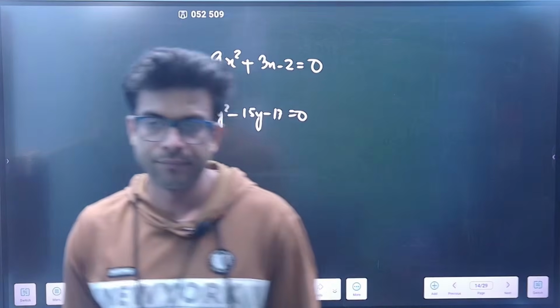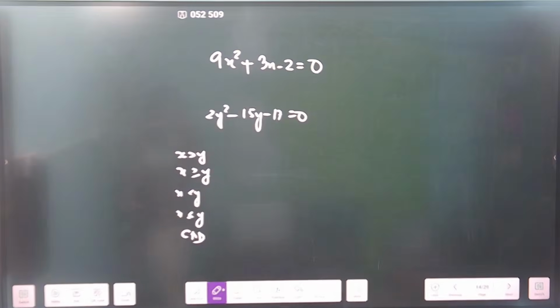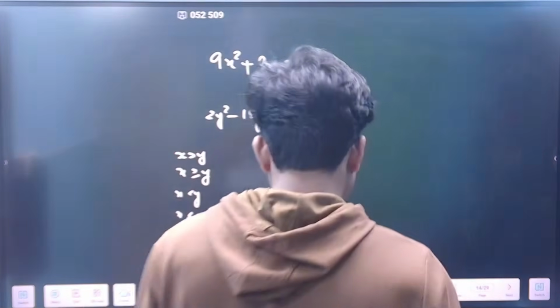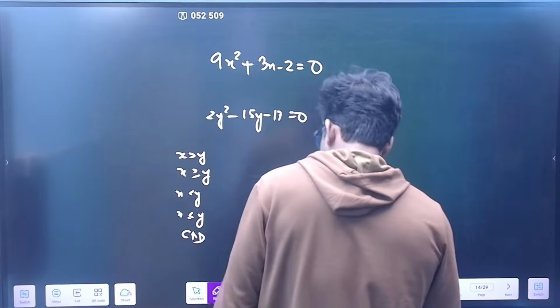Try solving. Please solve, Nasimha. Yes.